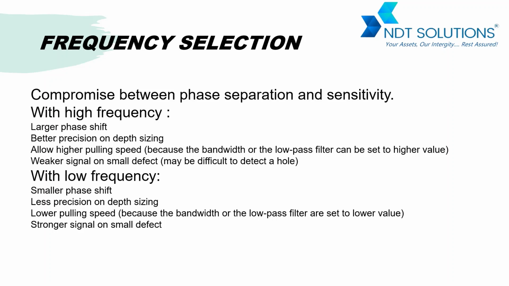It is the same as ECT or UT or whatever you say. If you are using high frequency, it means better precision and depth sizing. If you are using low frequency, the phase separation will be low and the defect catching power will be high, but sizing will be difficult.